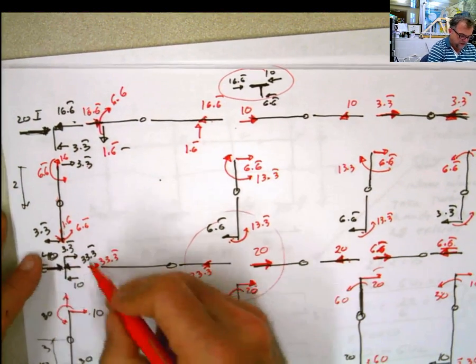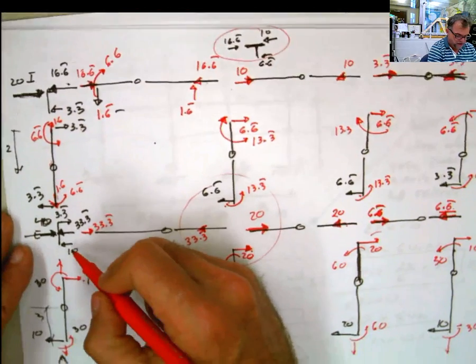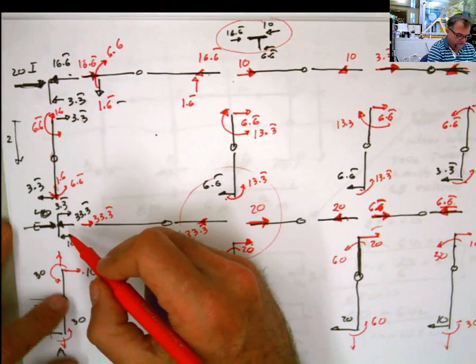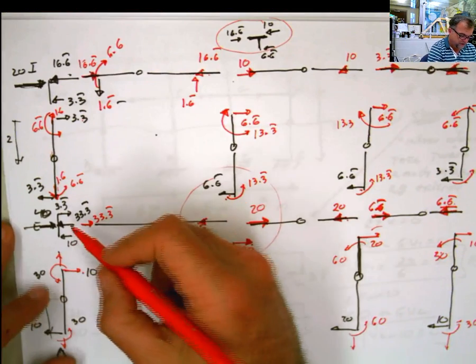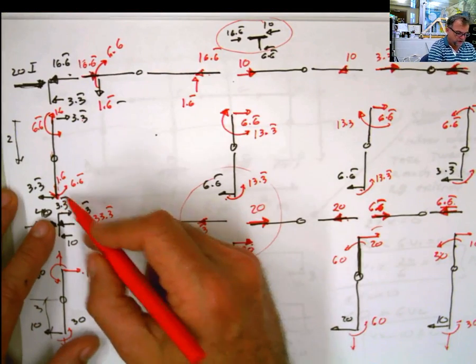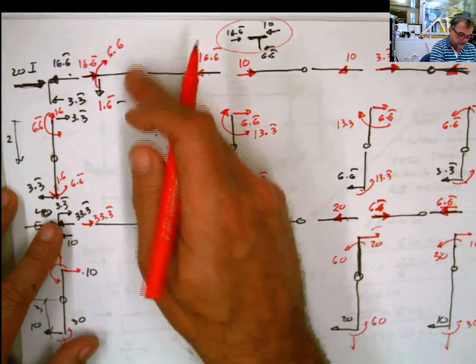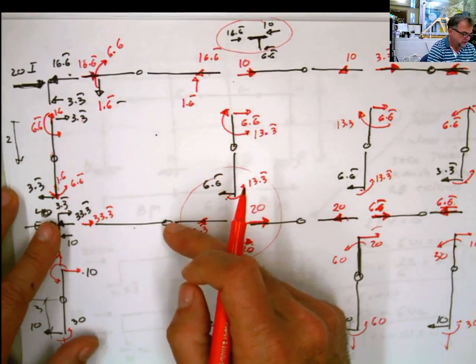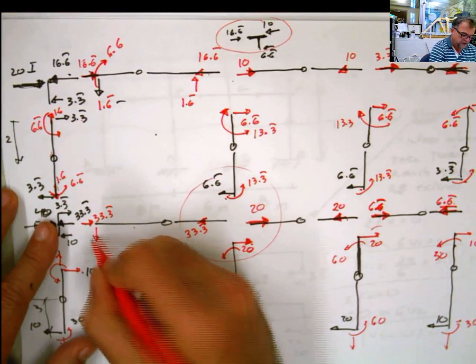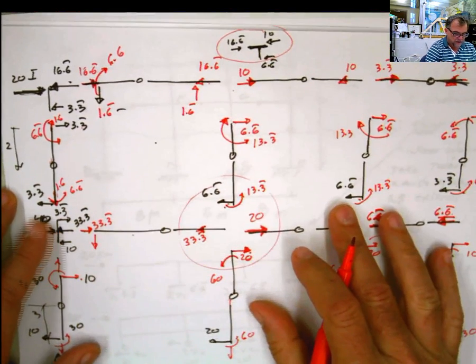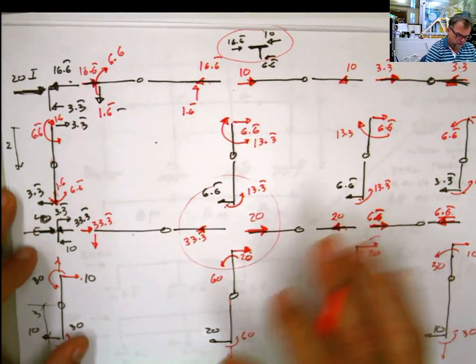And now I have this joint here, and this joint is going to change everything like before, because I have 1, 2, 3. But I can do the same thing that I did here. I know I have a force here. And where's my moment here?